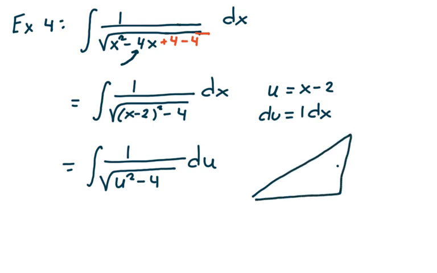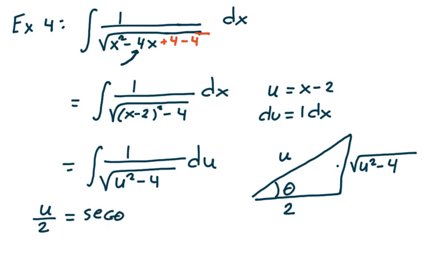So we're going to draw a triangle, and I'm going to label this angle theta, okay? It's a difference of squares, right? So what we have is u is the hypotenuse. I'm going to call 2 the adjacent leg, and then I'm going to call square root of u squared minus 4 the opposite leg, okay? So what we're going to do is we're going to say u over 2 is secant theta. Let's write that a little clearer.